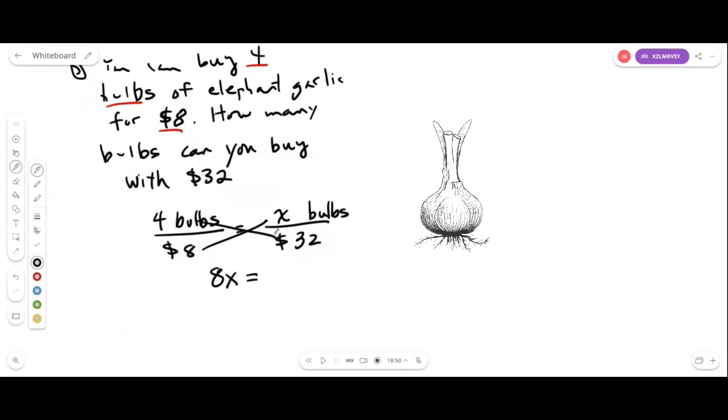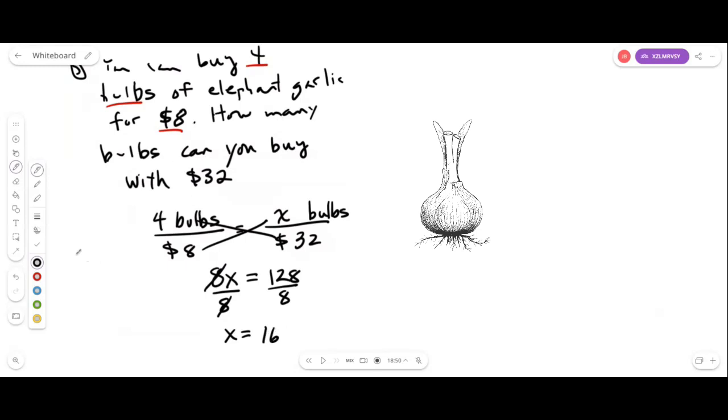And we're going to multiply 4 times 32. 4 times 32 is 128. Then we divide this side by 8, whatever it is we're multiplying by. If you do that on the left, you have to do that on the right. The 8's divide out, we get X. And 128 divided by 8 is 16.